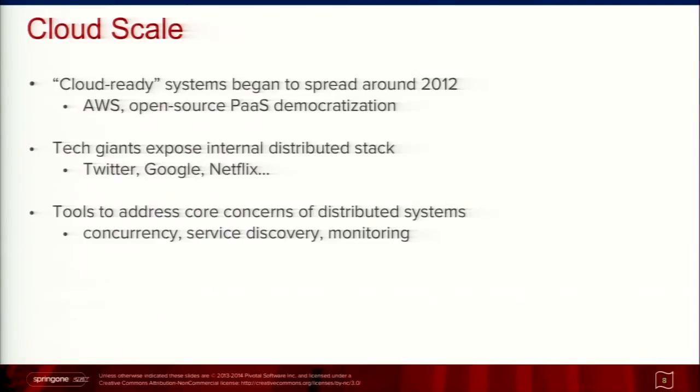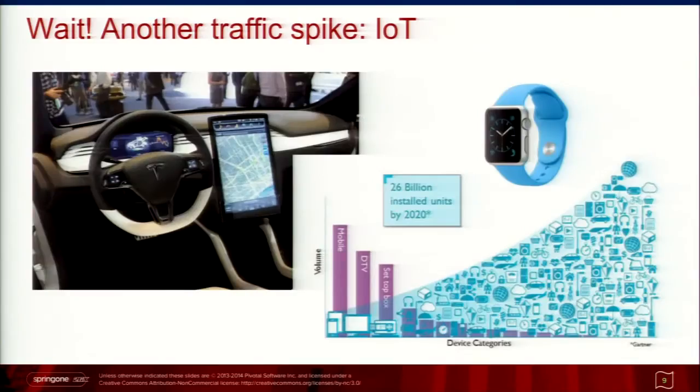And it doesn't stop there. And now we're living a new boom in traffic with IoT. We inserted a Gartner graph, but we see there is actually a plan for massive explosion, another order of magnitude in terms of internet traffic. And we need to cope with that.